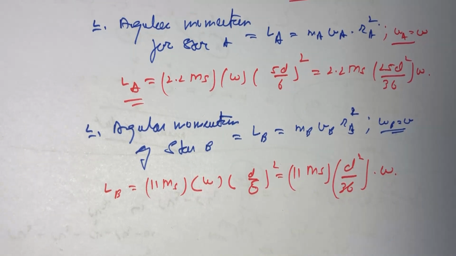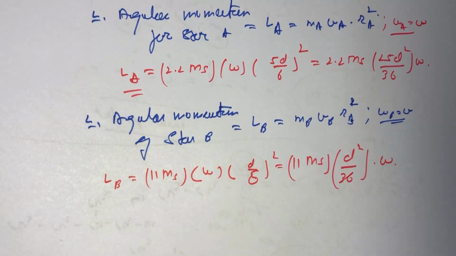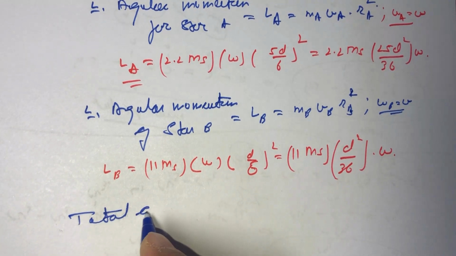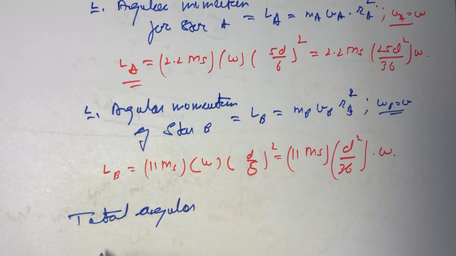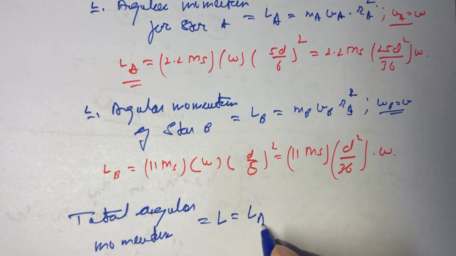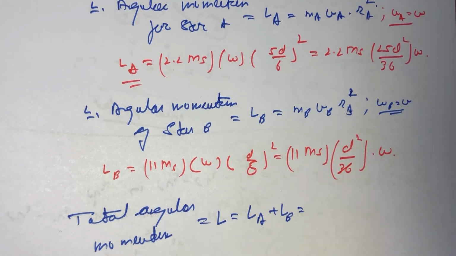So therefore total angular momentum means LA plus LB. Total angular momentum L will be equal to LA plus LB.